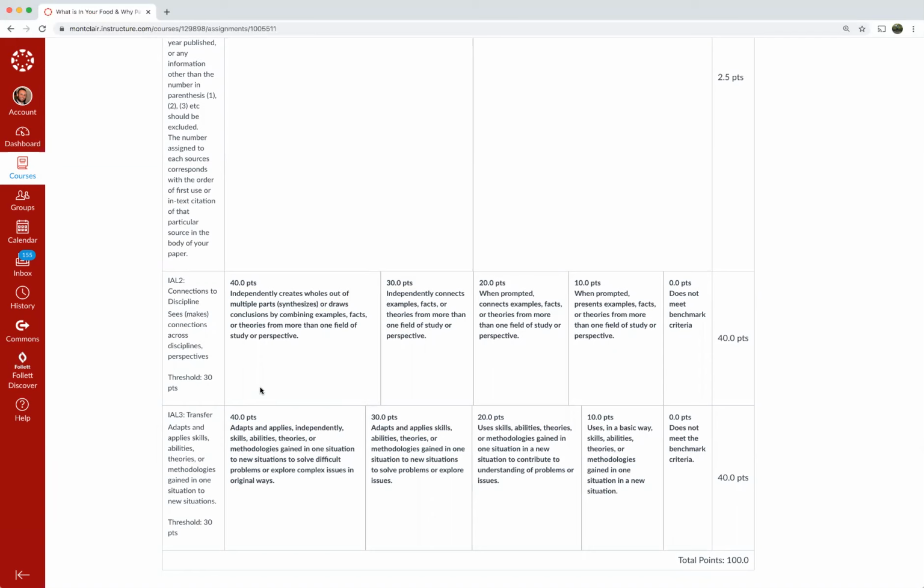They're worth 40 points each, and basically what they are evaluating you on is how well you can communicate your thoughts or knowledge or the narrative, the story you want to tell about your product and its ingredients, and how well you can draw on different disciplines, as we discussed: economics, marketing, psychology, nutrition, food science, logistics, all these things.